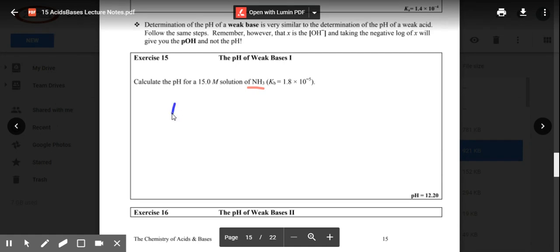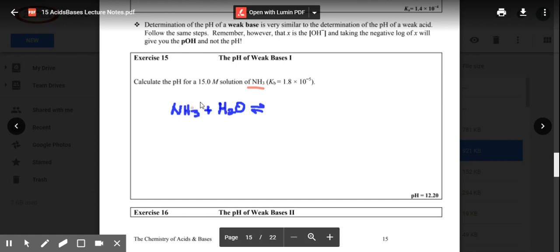So what I do is I take NH3 plus H2O, I'm writing my reaction here, and when those combine, this is the base, so that must make the water the acid.